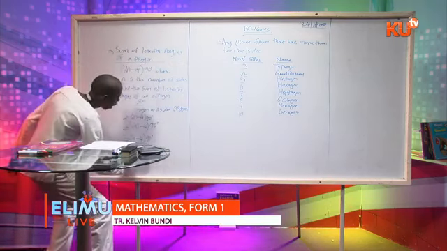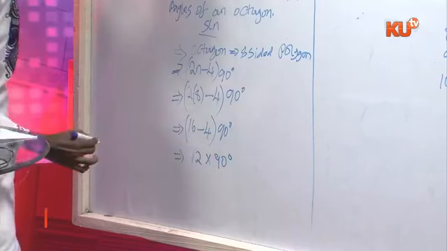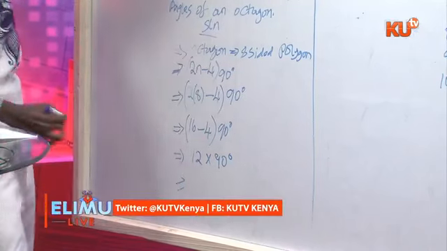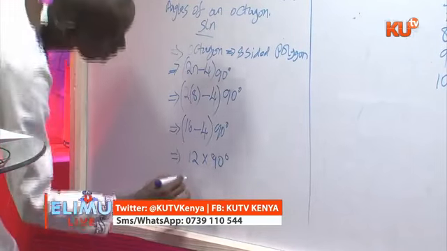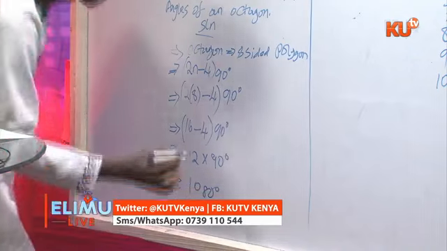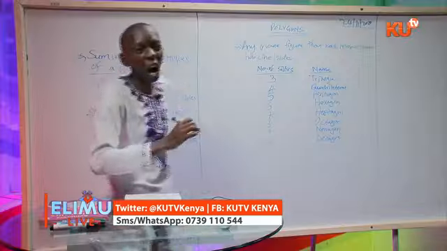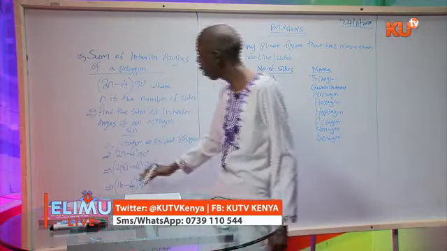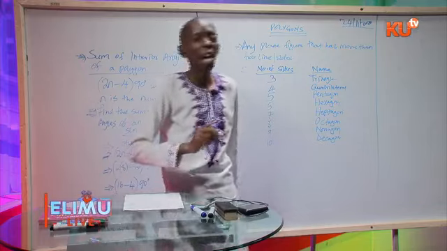So we'll have 12 multiplied by 90 degrees, and that gives 1080 degrees. That is the sum of interior angles of an octagon. As simple as that. So that is one formula that you should note in this area.